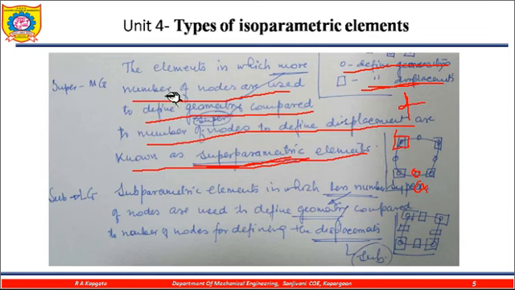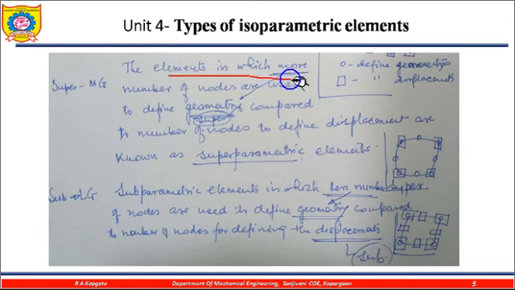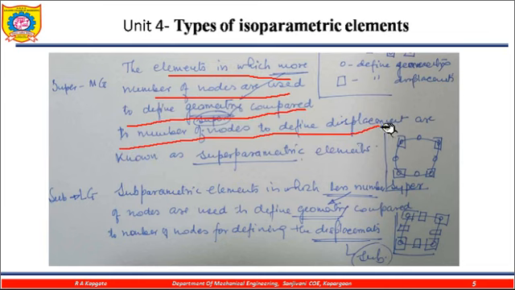Again, the elements in which more nodes are used to define the geometry compared to the displacement are called superparametric elements.